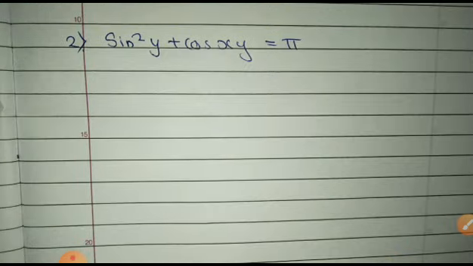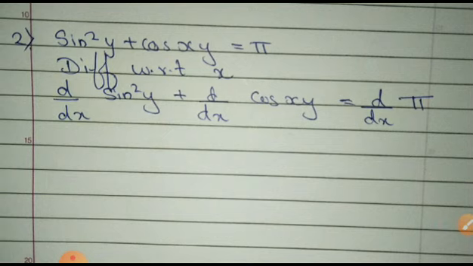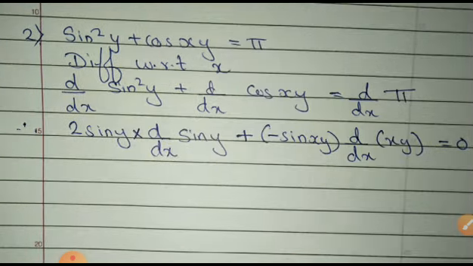Next, you have to find the derivative of sin squared y plus cos xy equal to pi. So differentiate it with respect to x. So it is d by dx of sin squared y plus d by dx of cos xy, equal to d by dx of pi.